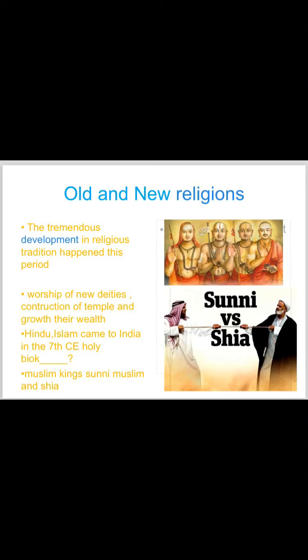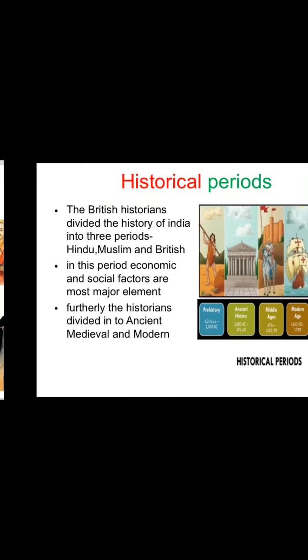Muslim kings also came because they also wanted to become kings at that time. The Sunni and Shia Muslims were also different, and they came into conflicts between the various kingdoms and kings.